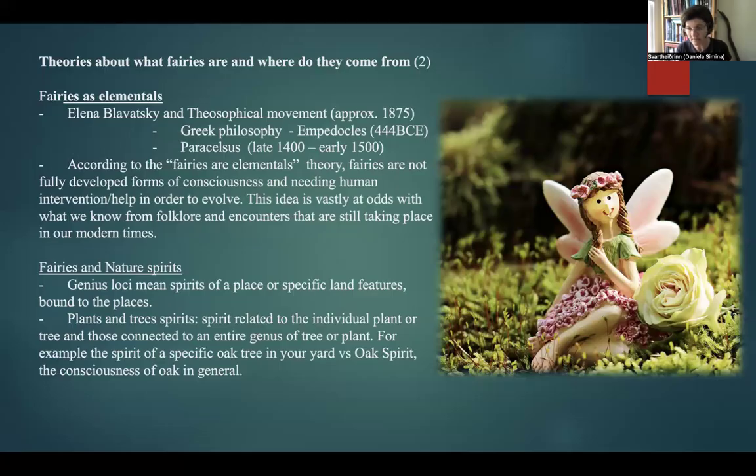So the idea of salamanders as spirits of fires, elementals of fire, came from the fact that people were bringing in dried wood to light up the fire, and salamanders, sorry, that's the German kicking in, and I tend to pronounce the S as a Z. Apologies.